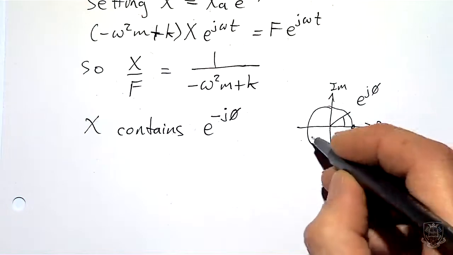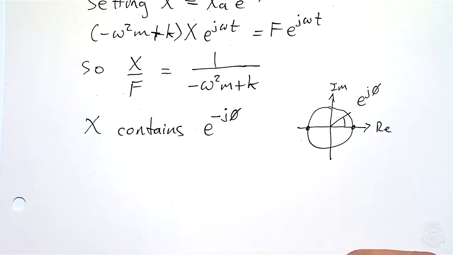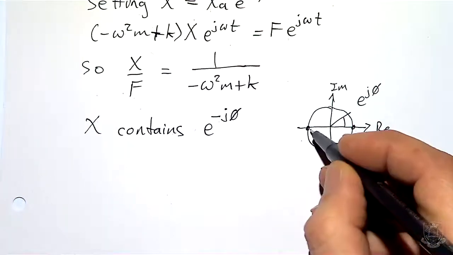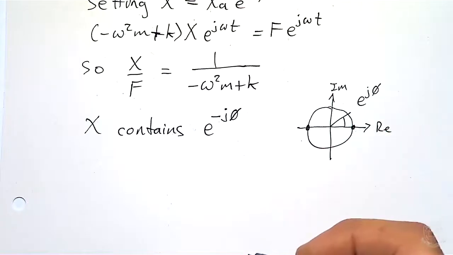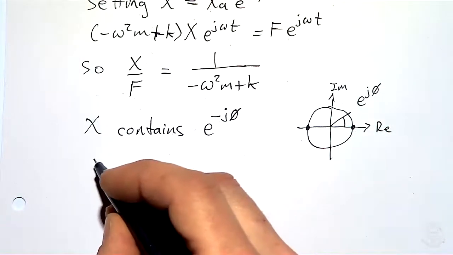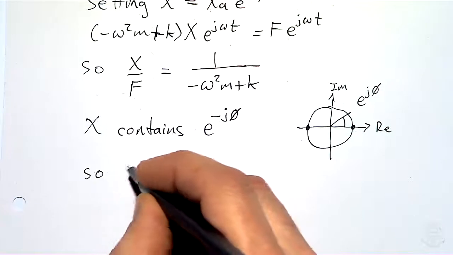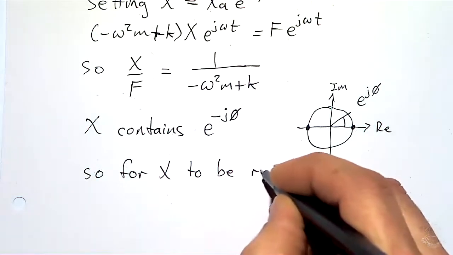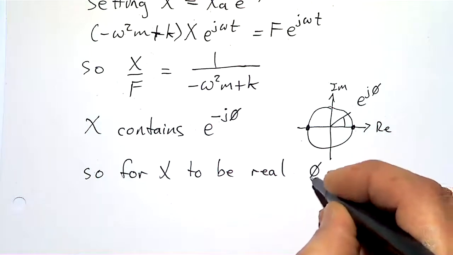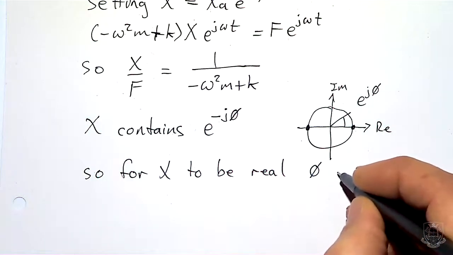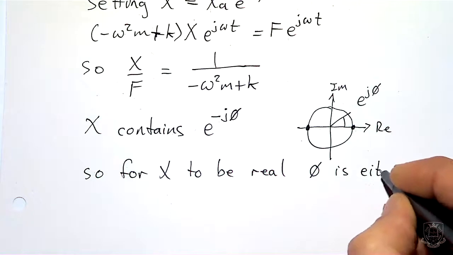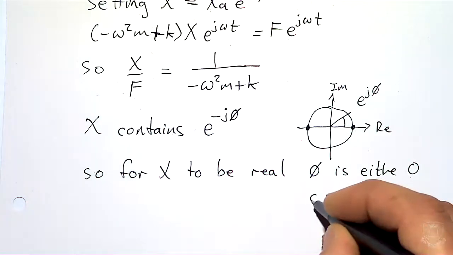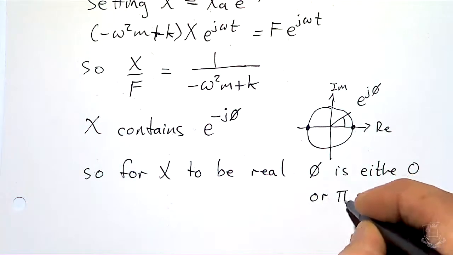So if we want the things to be real, we have two options, don't we? Either the angle is 0 or it's 180 degrees. That means we're choosing these two points here, aren't we? So for x to be real, phi is either 0 or pi.